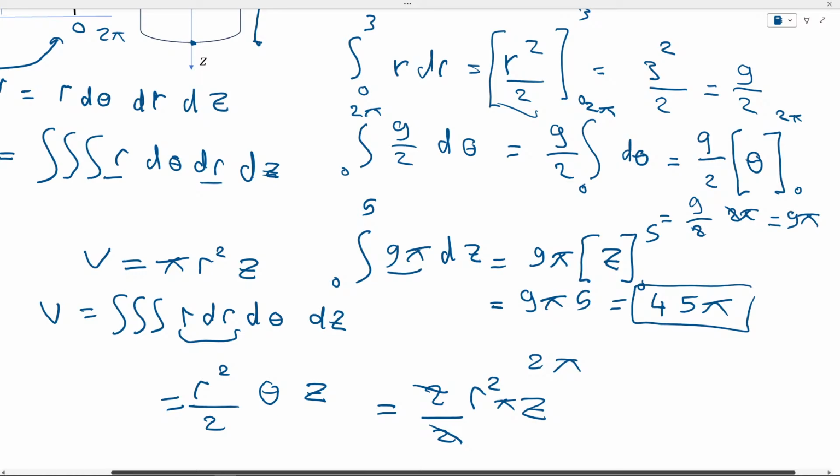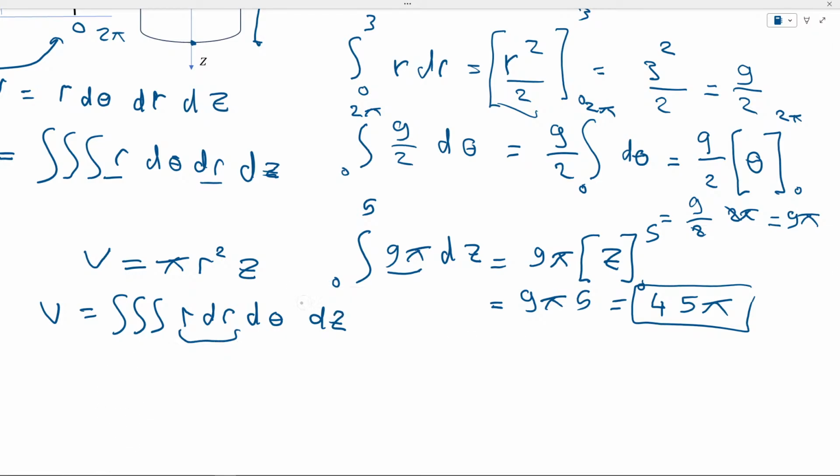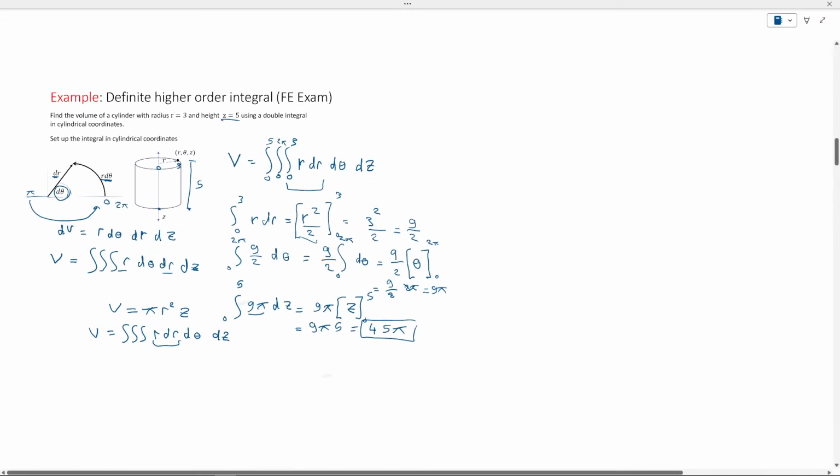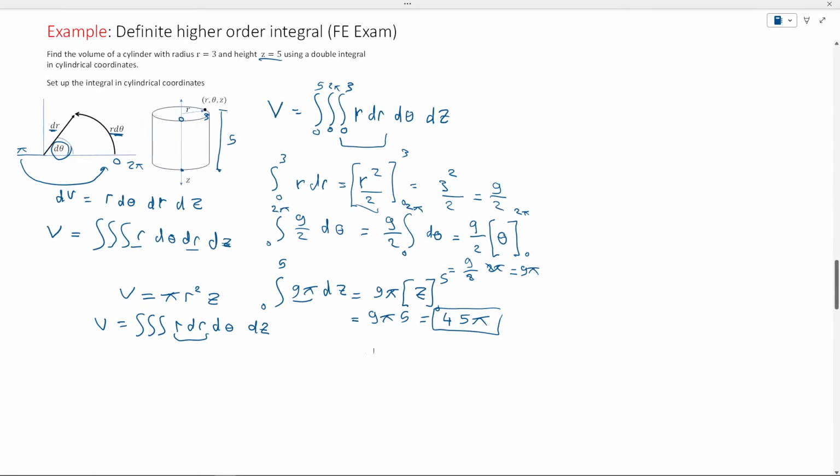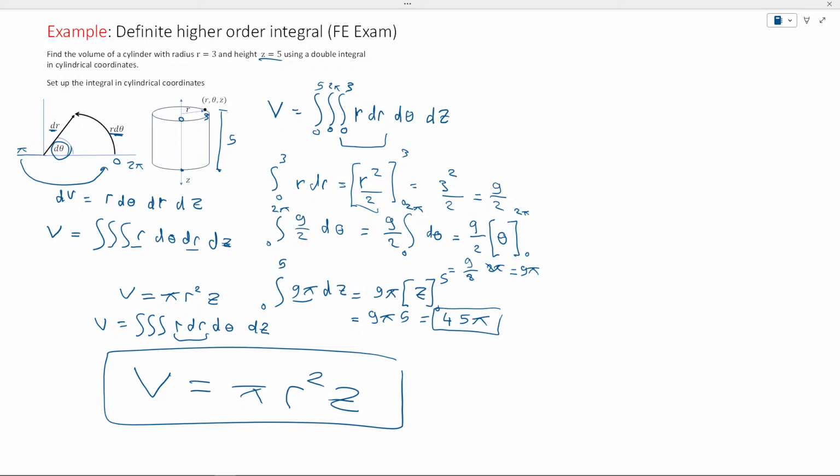Yeah, that's exactly what you get. This is just an example. The volume, just to give you the equation, is pi r square z, that's the volume of a cylinder.